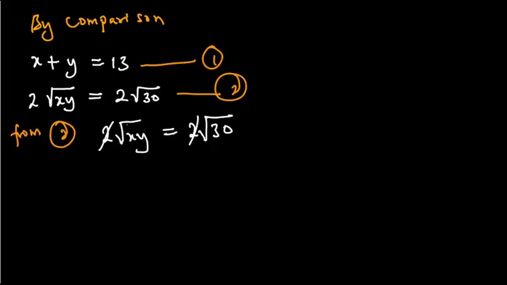Now they have the same root sign, this root xy and root 30, so they are of the same roots, I can put what is inside as xy equal to 30.